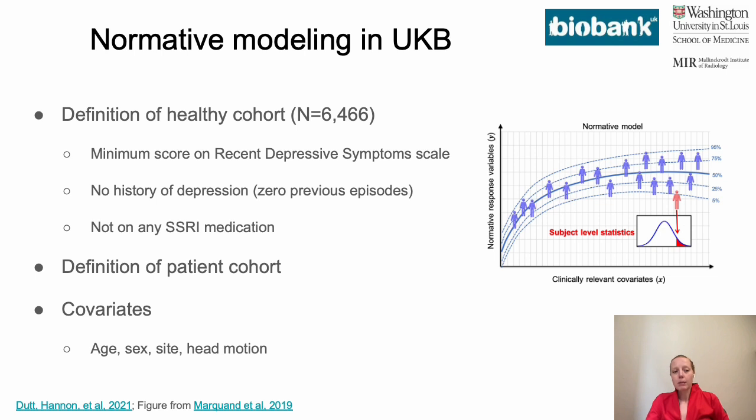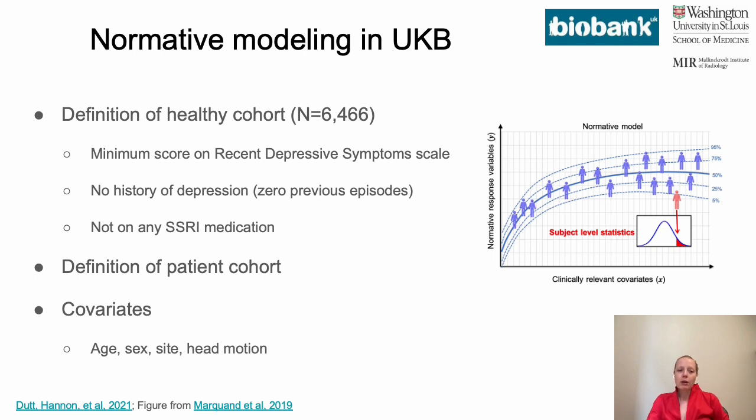And so I want to talk a little bit about how we defined our cohort for this study. We focused here on people over 60 to look at late life depression, and we defined a healthy cohort as a minimal score on the recent depressive symptom scale, which is a measure of depression obtained on the day of scanning that we developed, and if you want to find out more information, I'd invite you to check out the 2021 paper cited here.